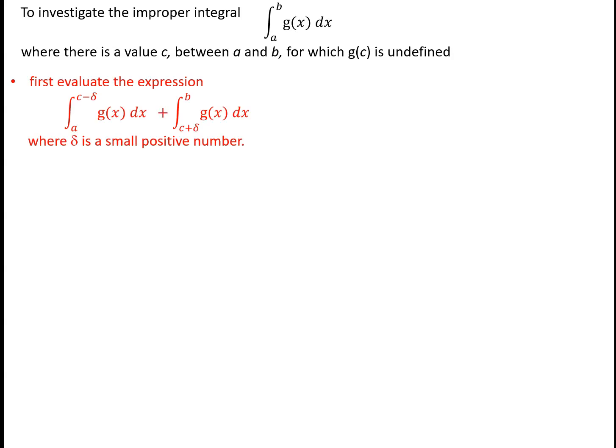The process is to first of all work out the integral between a and c minus delta of g added to the integral between c plus delta and b of g, where delta is a small positive number. We then consider what happens to the limit as delta tends to 0 of the sum of these two integrals that we've just worked out.